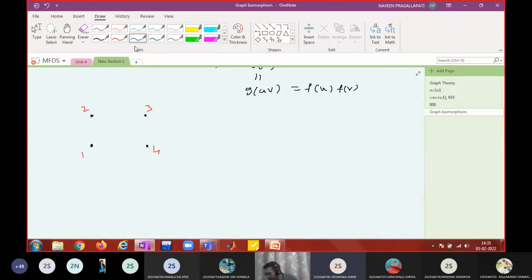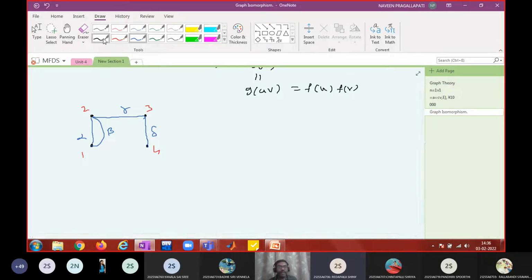Now I'm drawing edges. 1 to 2, there is one edge. There is another edge also. It's a multigraph. So this edge I am denoting with alpha, this edge I am denoting with beta. 2 to 3, there is an edge, I'm calling it gamma. And 3 to 4, I'm denoting with delta.